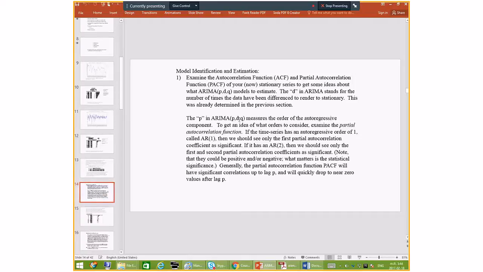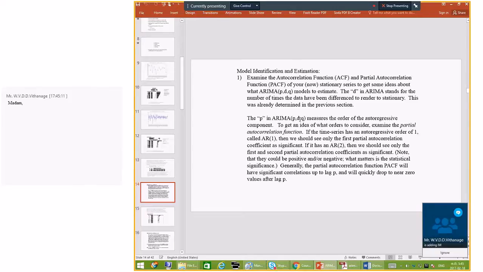Here, the important thing is how many P. P means how many autoregressions. It is determined by the partial autocorrelation function. Also for moving averages, we use the number of moving averages, and D means first difference.